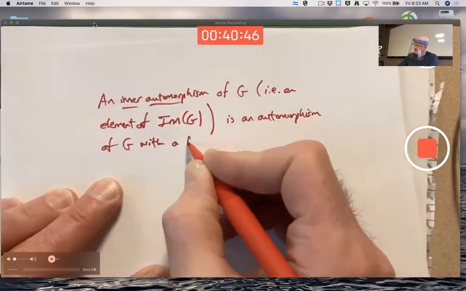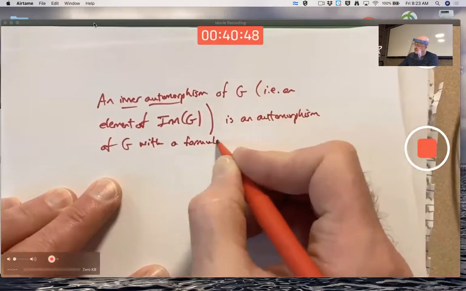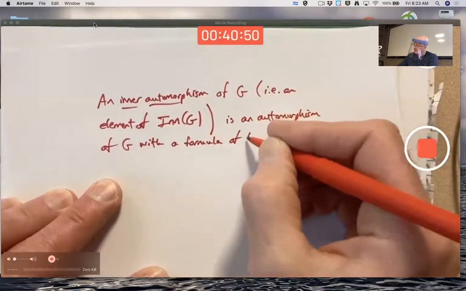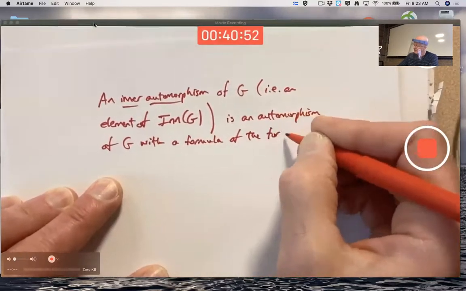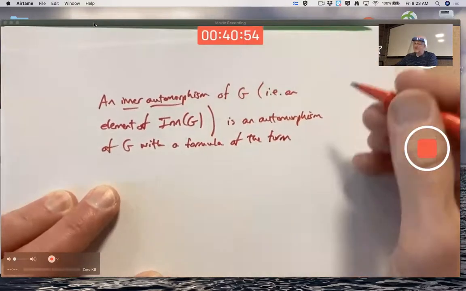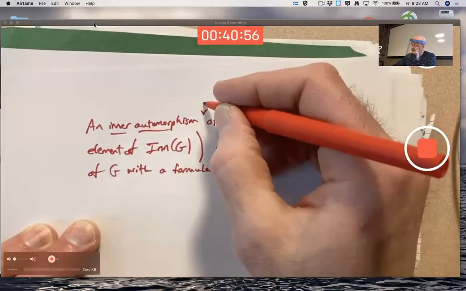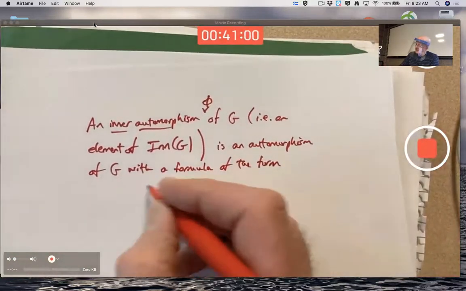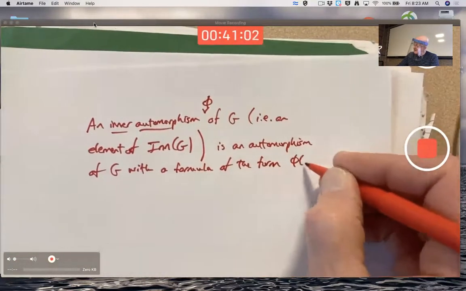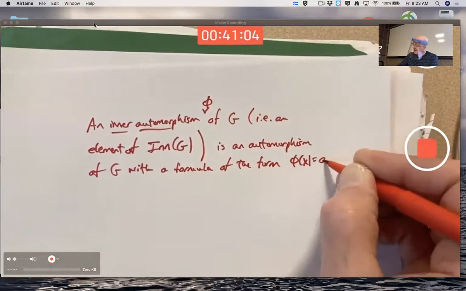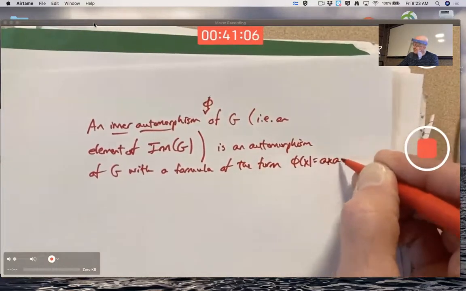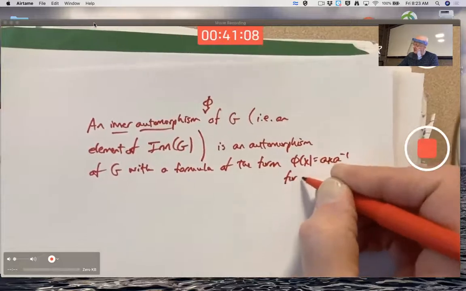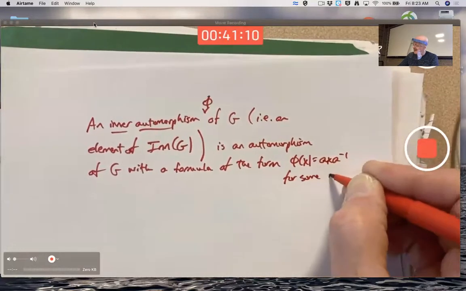I haven't written this in class yet, but you've seen it in the book. Let's say the symbol for the automorphism is phi. Phi of x equals a times x times a inverse for some a in G.